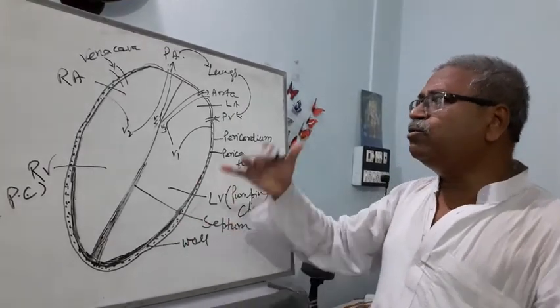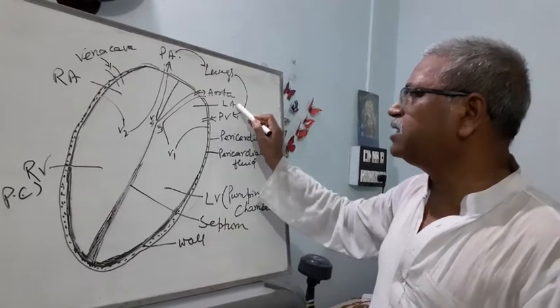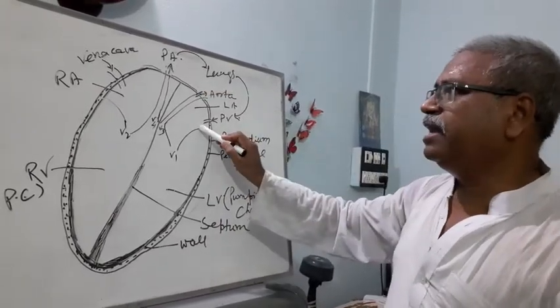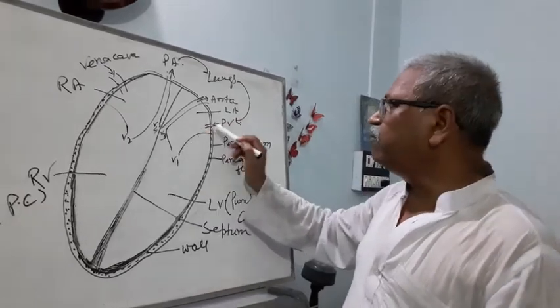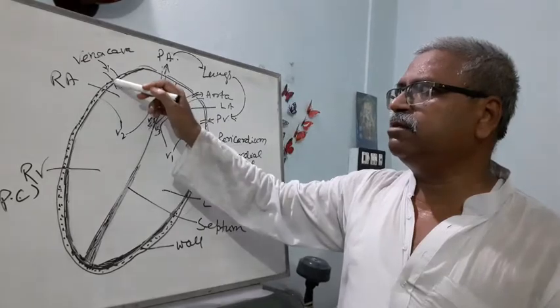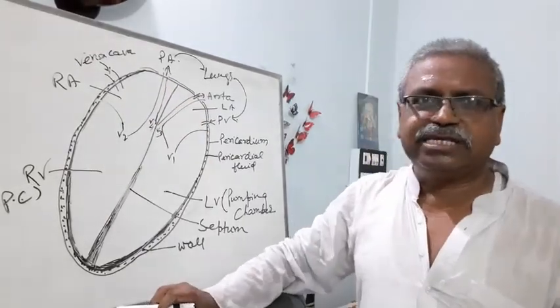Since the blood flows twice, once through the lungs and once to the body, and from the body through the vena cava again to the heart, it is known as double circulation.